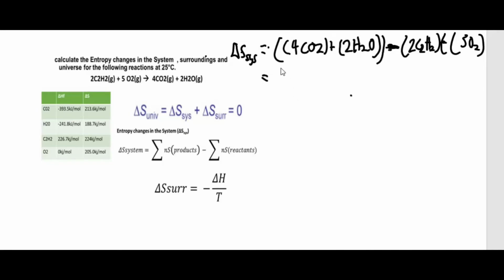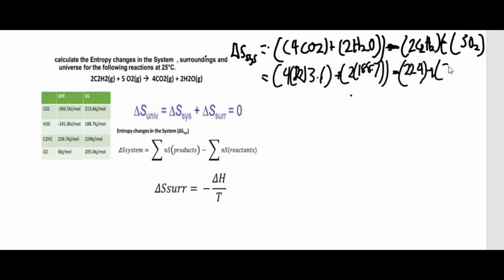let's substitute the values. So 4 times, here's the value of CO2, 213.6, plus 2 times 188.7, minus the value of C2H2 acetylene, 224, and lastly plus 205.